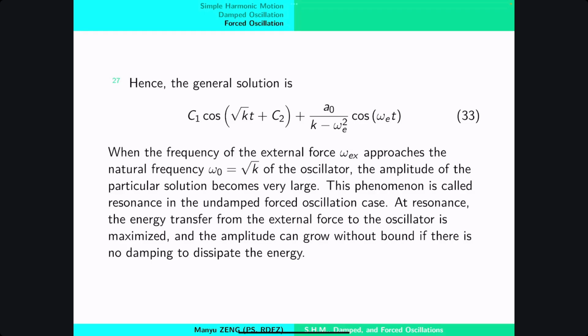The resonance has many applications. So there's a microwave oven, and inside the food, the particles are oscillating at their natural frequency, and the microwave oven gives microwaves to the particles in the food. The microwave is an external force, and the particle has its natural frequency.